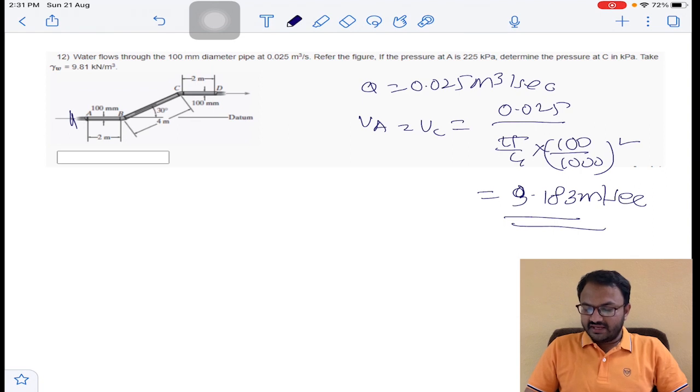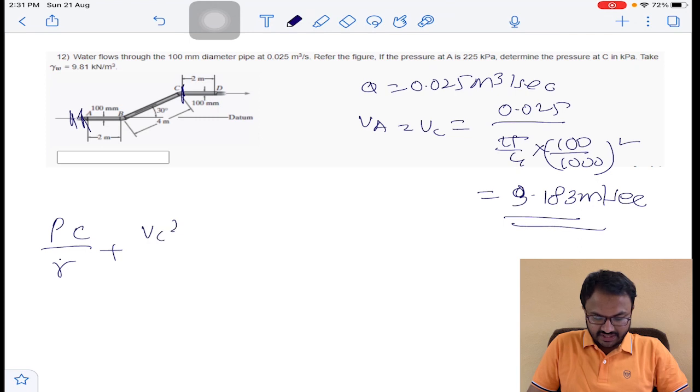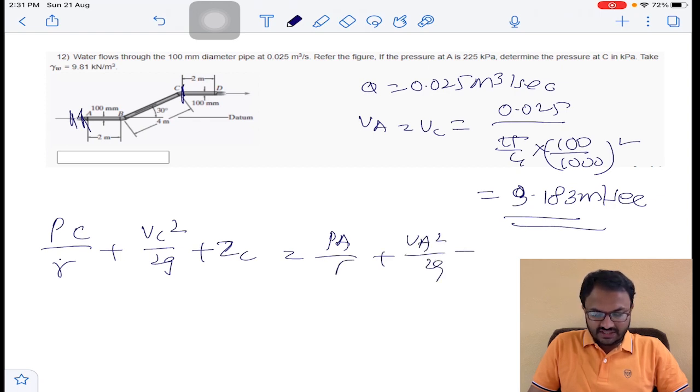Now we will apply Bernoulli's equation at A as well as at C. PC by gamma plus VC square by 2G plus ZC is equal to PA by gamma plus VA square by 2G plus ZA.